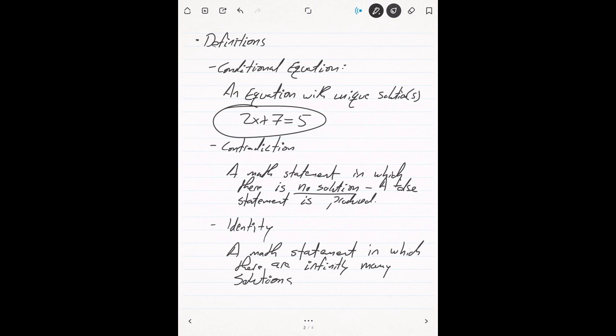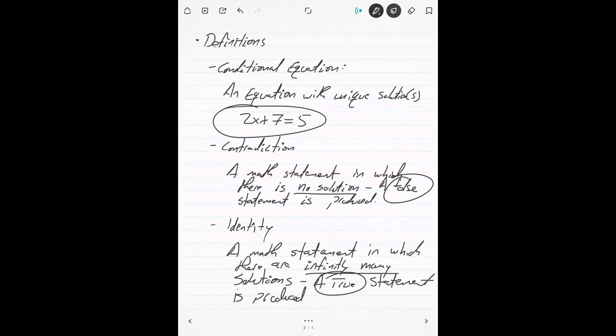There are infinitely many solutions to an identity. A true statement is produced. So a contradiction leads to a false statement, and an identity leads to a true statement. We should know what a conditional equation is. It's just a standard equation you've worked with where you get a specific answer for the problem.